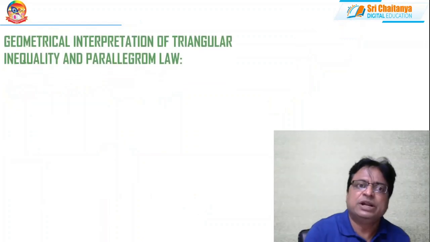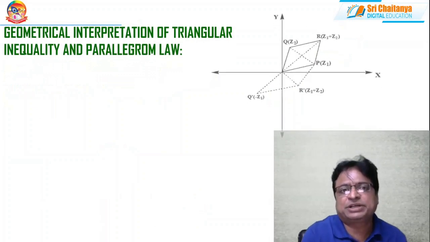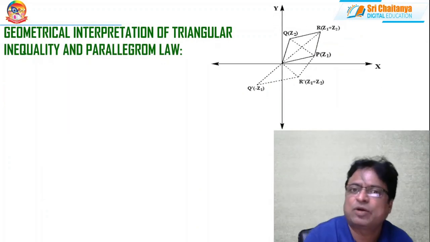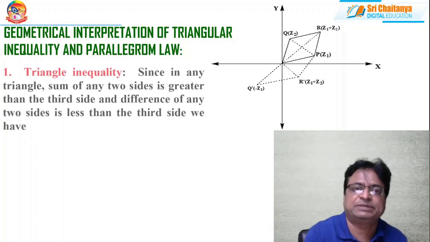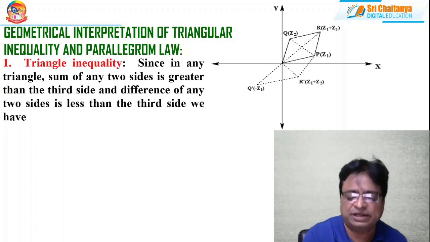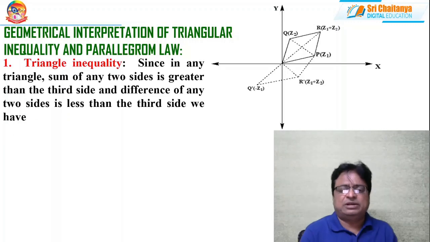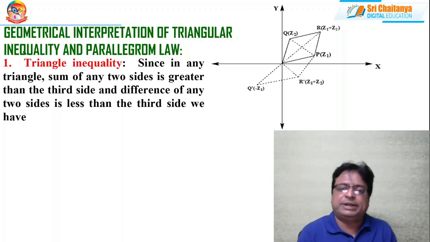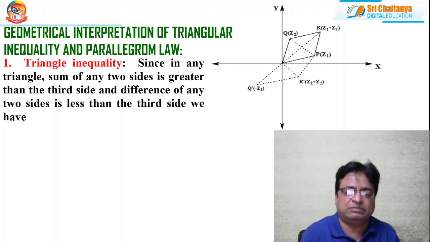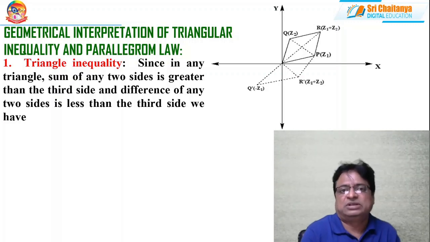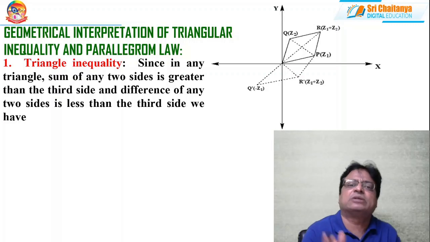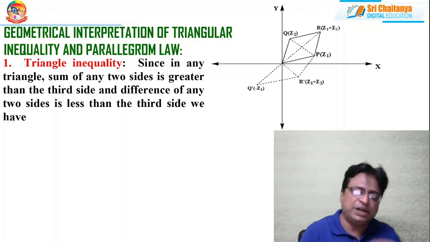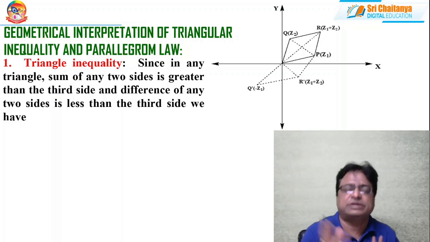So, my friends, similarly we are going to learn the geometrical interpretation of the triangular inequality and parallelogram law from this concept. What is the triangular inequality? As we know in general geometry, this is the basic triangle law: for any triangle, the sum of any two sides is always greater than the third side, and the difference of any two sides is always less than the third side.